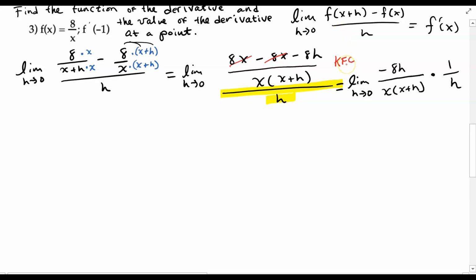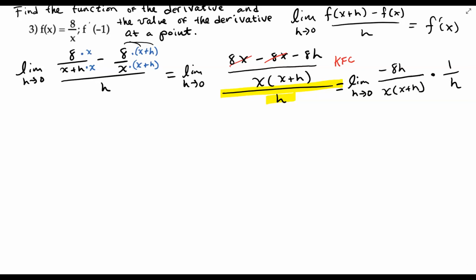Now I'm not talking about your favorite chicken joint. What I'm talking about is when you're dividing fractions, always remember: keep the first fraction, flip the second fraction, and change the sign from division to multiplication. So that's what I've done. The divide by h becomes times 1 over h, the flip of h. All right, keep, flip, change.